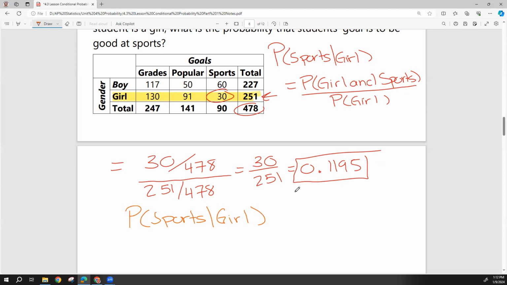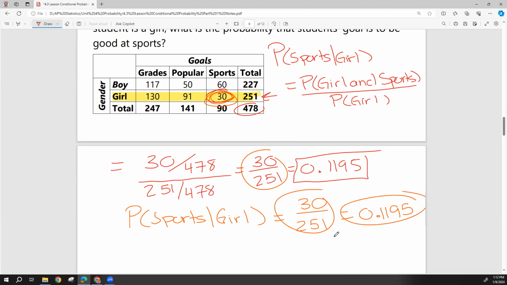I have 251 people. So that's my denominator of my probability. And 30 of them are interested mostly in sports. And you can see we get the same fraction, which gets us the same answer. So if we're not given a table, obviously we can't do that.